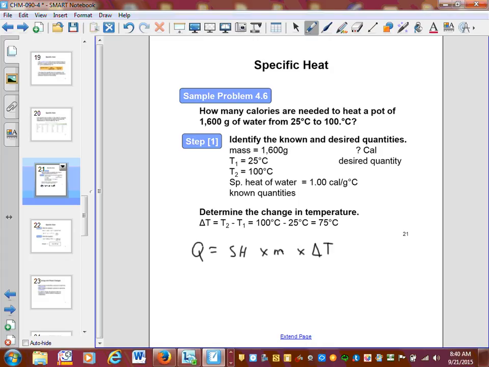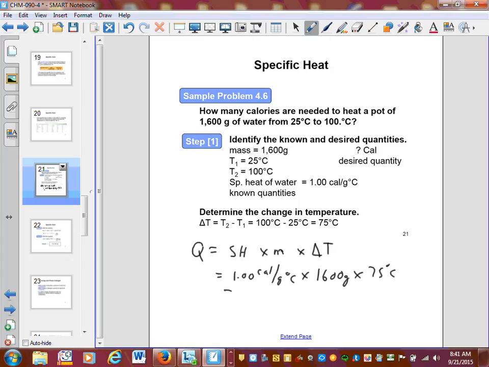So here the specific heat of water is 1.00 calories per gram per degree C times the mass, which was 1,600 grams, times the change in temperature from 25 to 100 degrees. That change in temperature is 75 degrees C.